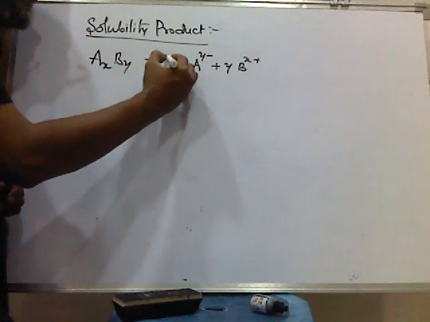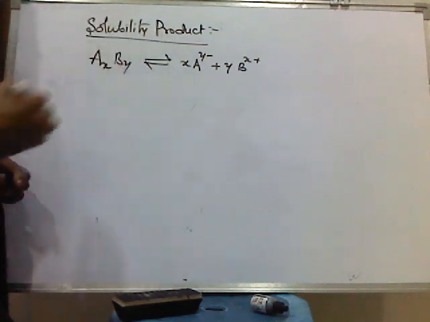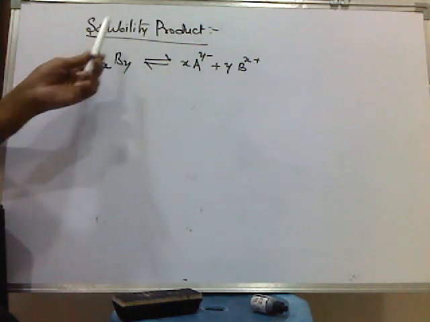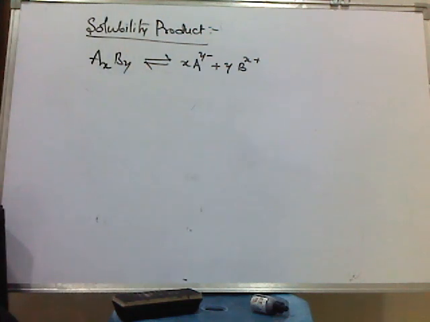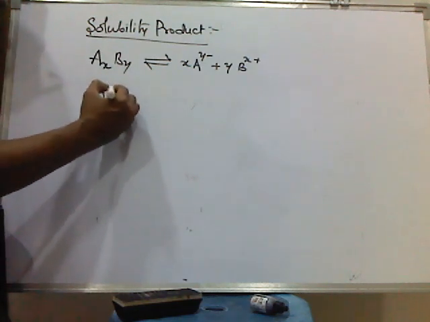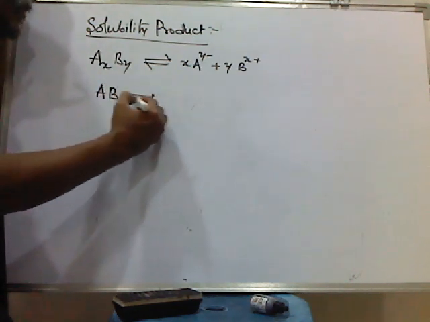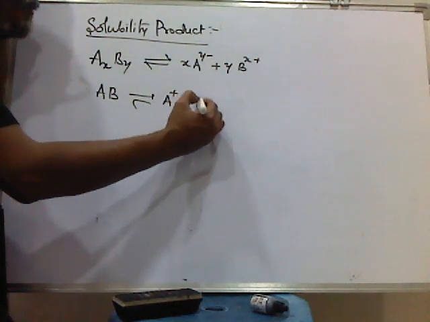I have already discussed in my previous video that in the case of sparingly soluble salts, there exists an equilibrium between the dissociated form and the undissociated form. If you take a sparingly soluble salt like AB, then there exists an equilibrium between A+ and B-.